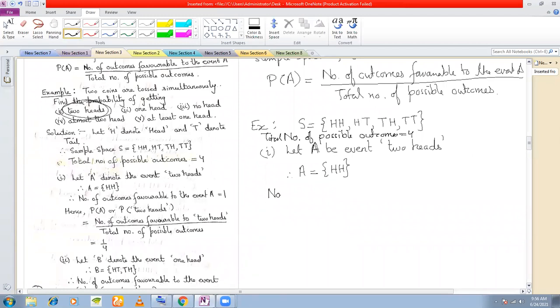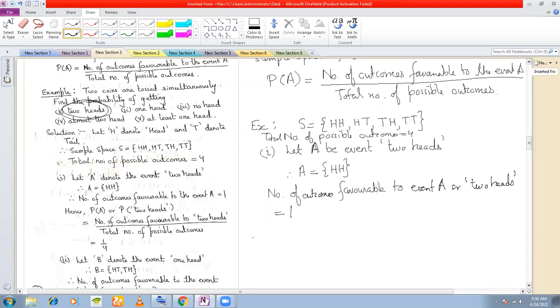Now, because A has only one element, the number of outcomes favorable to the event A, or two heads, is how many elements in A?